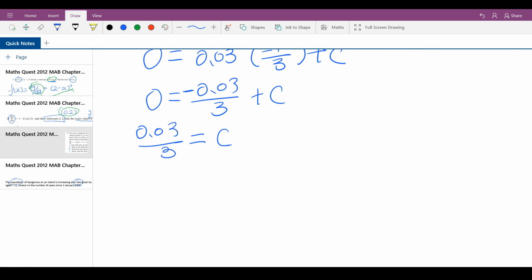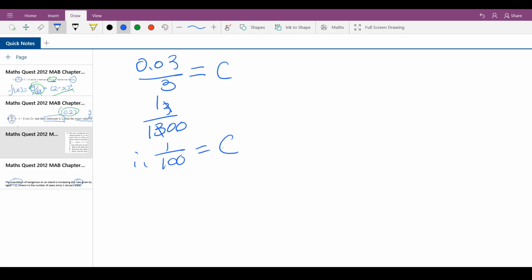Now, if you don't like the decimal on top, you can multiply by a factor of 100 on both sides. So you get 3 over 300. And then you can change that into 1 over 100 equal to c.